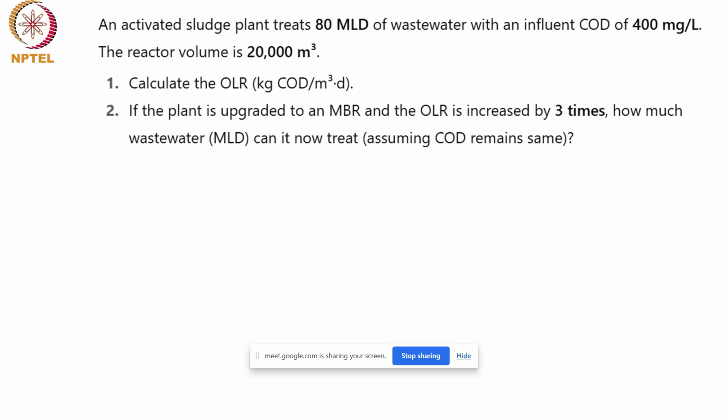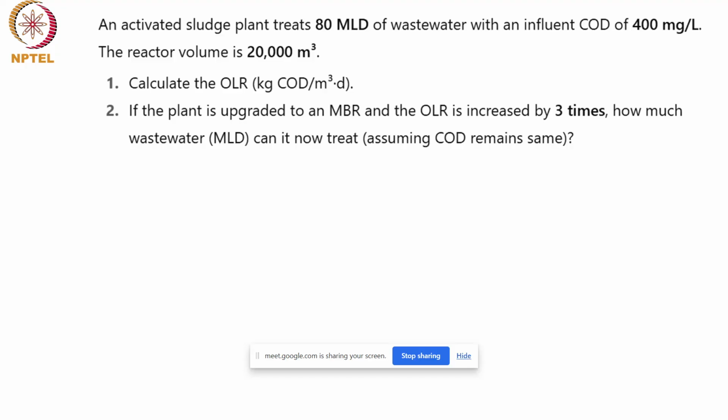OLR is organic loading rate. Does anyone know the formula for OLR? It's nothing but Q into COD divided by your volume.